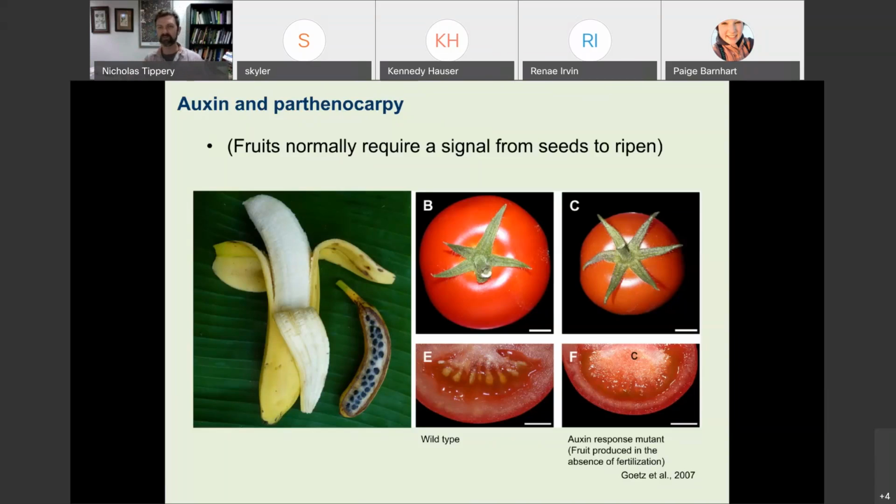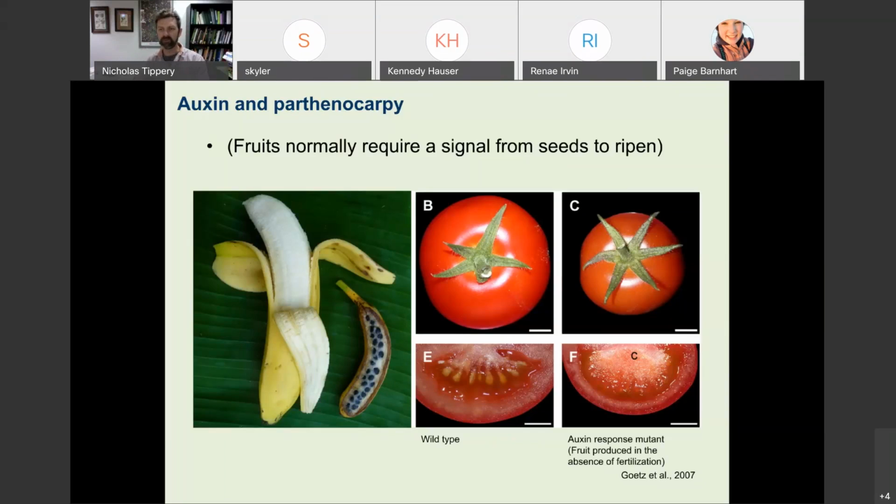A large number of seeds means that the plant finds it worthwhile to make the fruit around those. So the seeds say, hey, I'm a fertilized seed. I'm ready to go. I need a fruit. And so they're kind of signaling using these hormones to signal the plant to invest in the fruit around them.